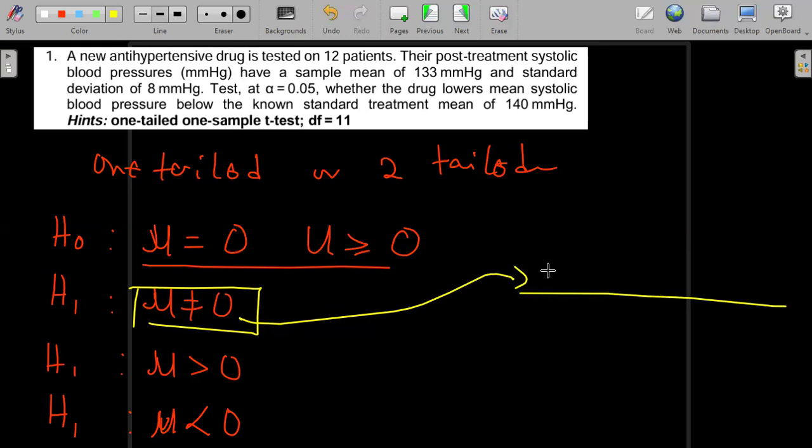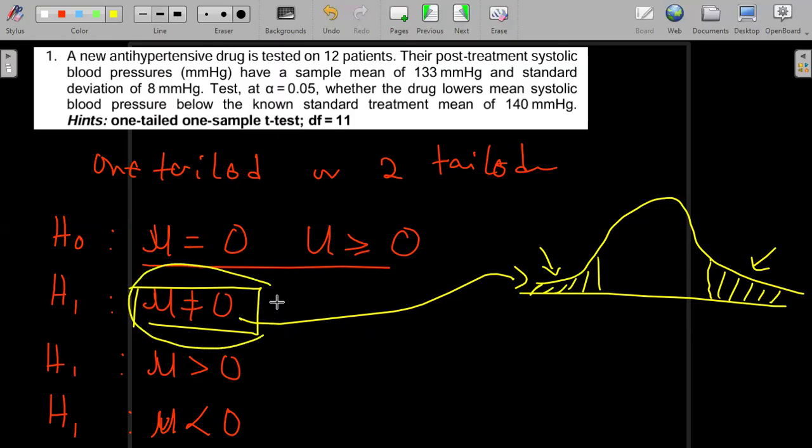If I have this as my distribution, with some rejection region here and some rejection region there, we have a two-tailed test because we have two rejection regions. This situation happens if we have an alternative hypothesis such as this one.